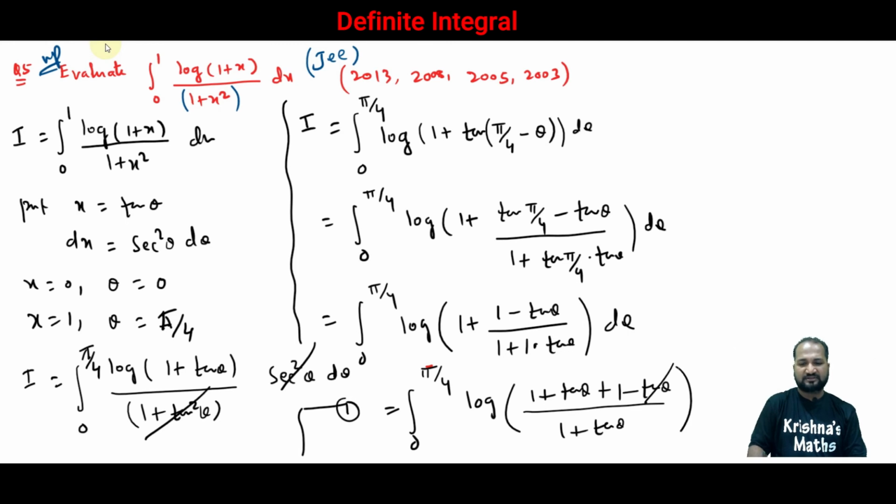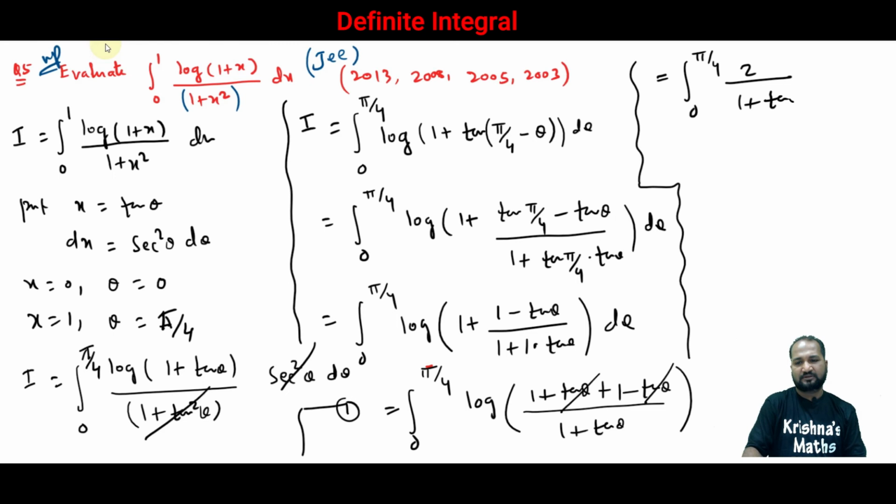The minus tan theta and plus tan theta will get cancelled. So this is equal to the integral from 0 to pi by 4 of log of 2 divided by (1 + tan theta) into d theta.